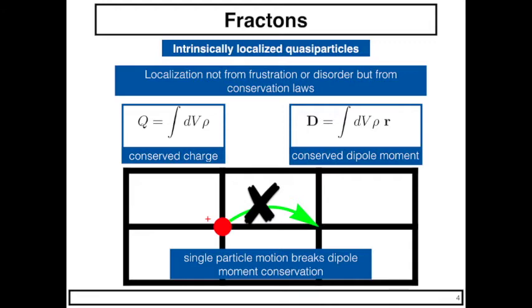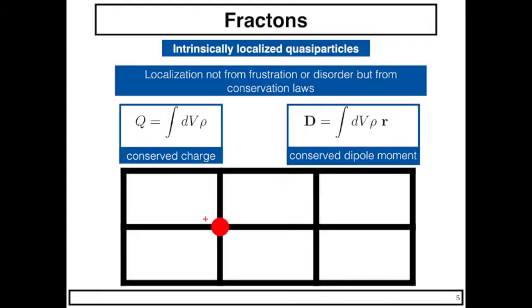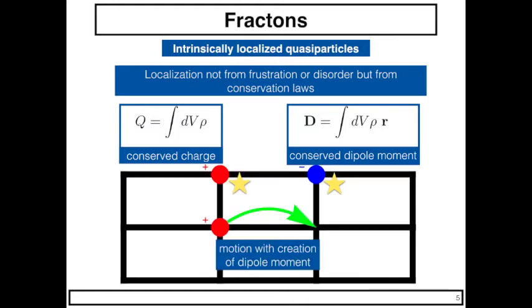So the conservation laws actually cause the particle to be immobile. The only way to move a charge while preserving the dipole moment conservation law is to create a new pair of oppositely charged particles nearby. So that's allowed by the conservation laws, but it costs energy. So if we want to keep propagating the fracton, we'd have to pay an energy cost at every step of the way. So at low energies, the fracton really is robustly localized.